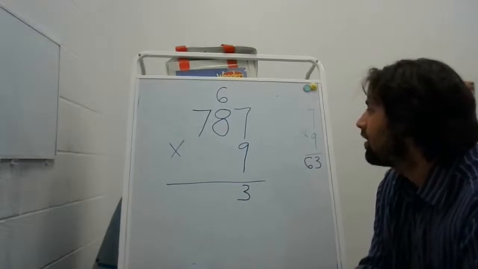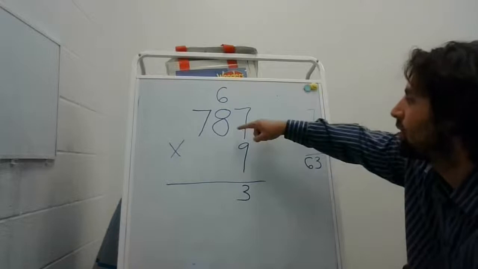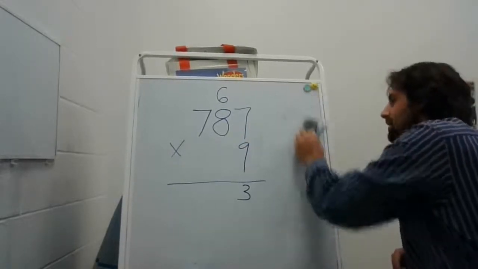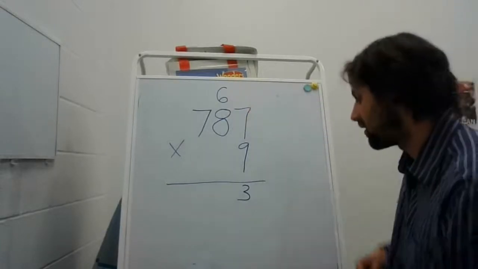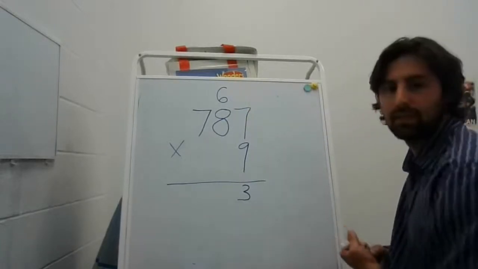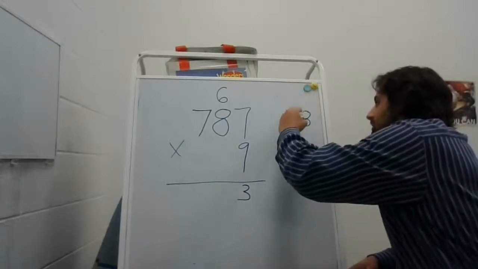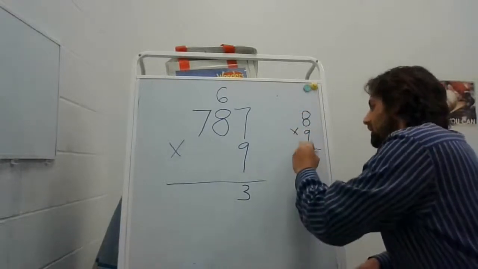All right, so now we multiply the digit in the tens place by 9. So we're going to multiply 8 times 9. That's what we do next. And then the 6 that we carried over, we are going to add to our answer. 8 times 9 is 72.